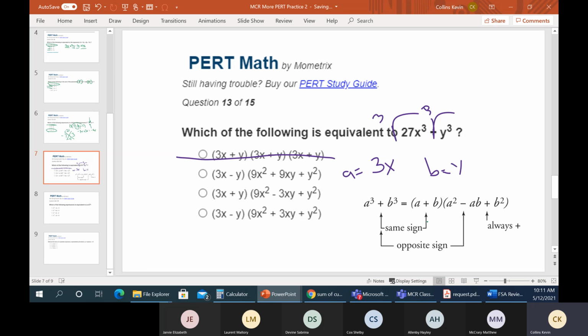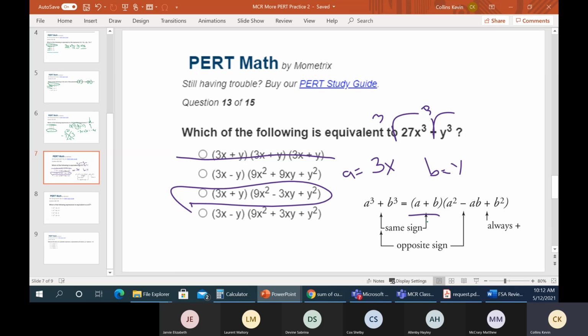Okay? So the first part says A plus B. Notice this is the only one that does that. So I don't know, the chances of you getting one of these, like I said, are probably pretty slim. That's the formula.